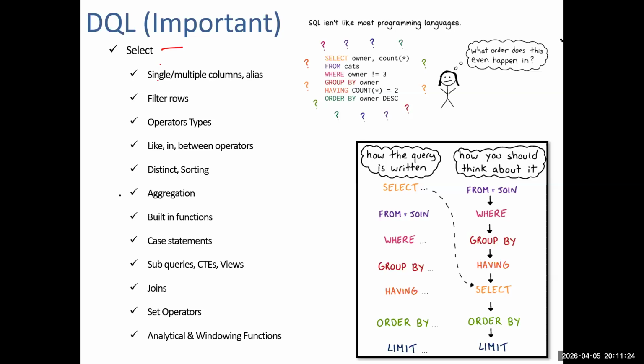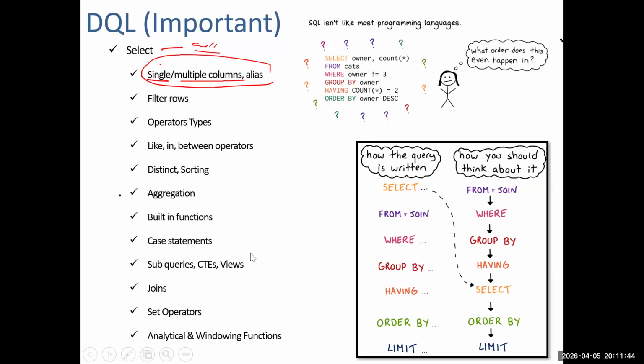DQL we are entering: select single, multiple columns, alias. All columns is already covered. How to select all the columns? What do you have to use? Star, right?